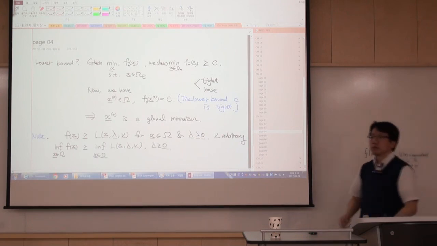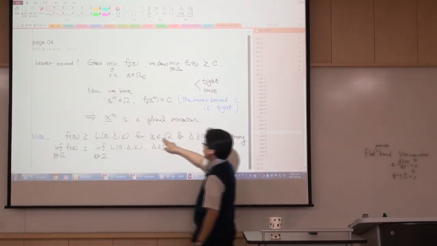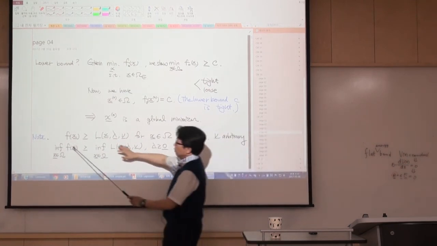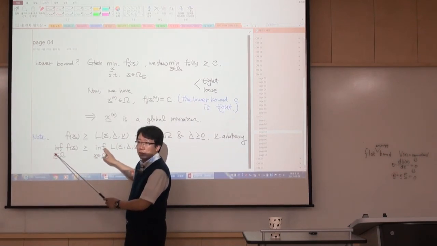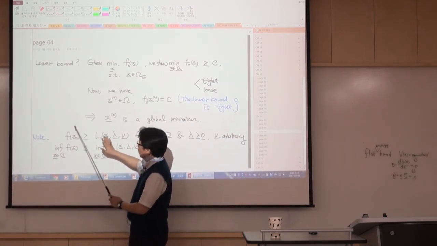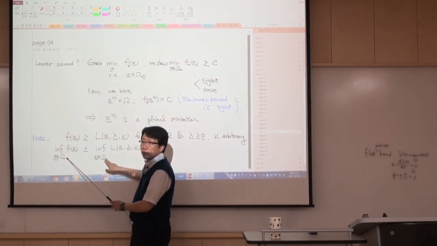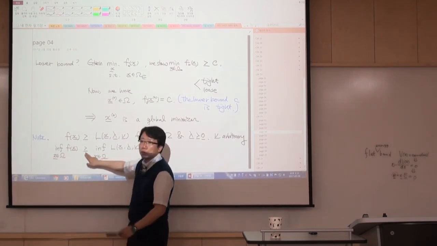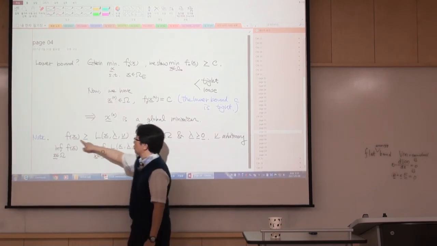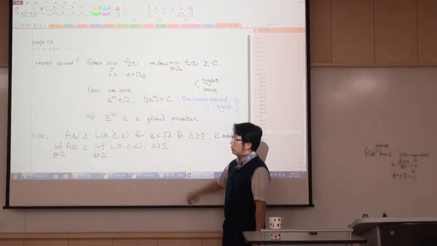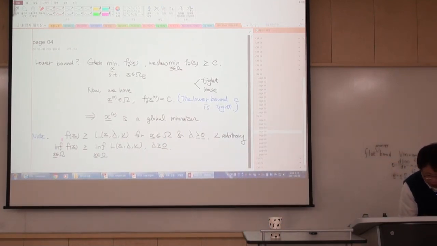Am I right? See that? Given this inequality that holds for this one, I may have replaced infimize with minimize, but anyway, it's the same. Infimize the left side and right side inside this constraint set. Then this inequality holds. Am I right? This is definitely true, because this is true. So no problem. So it's obvious from this line.